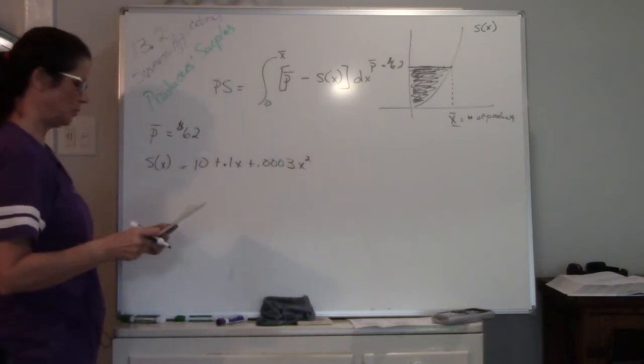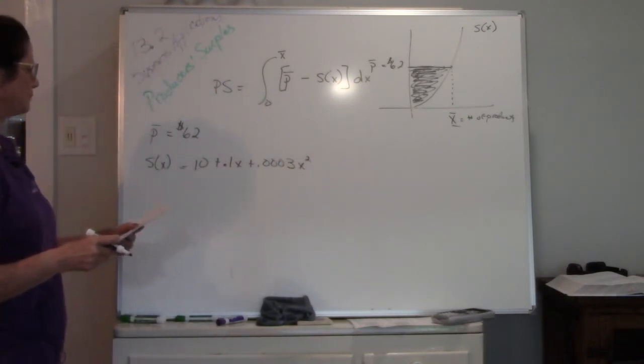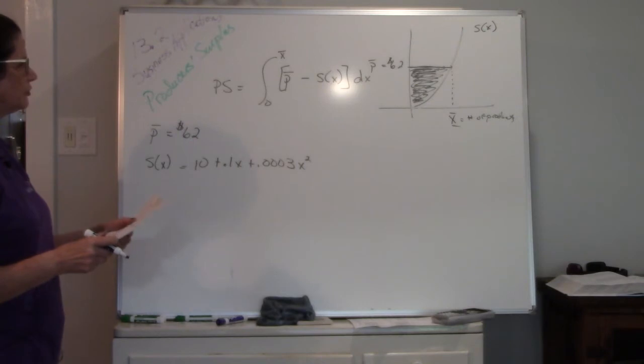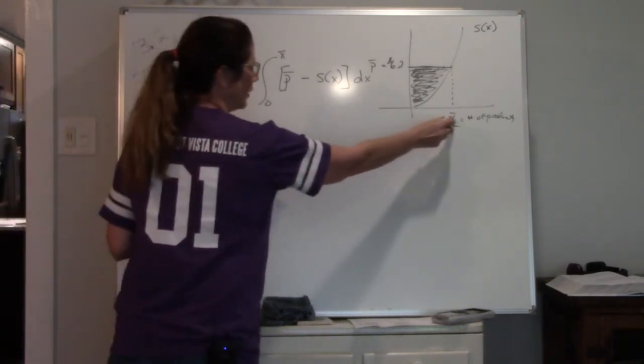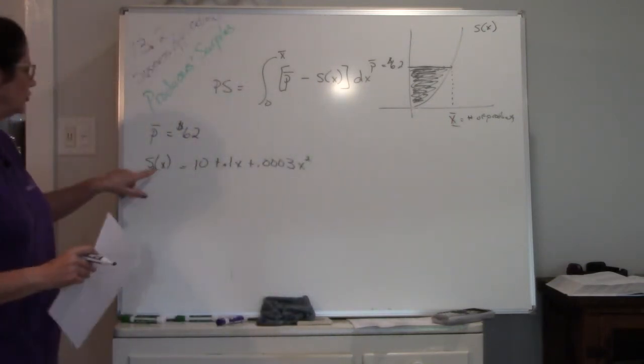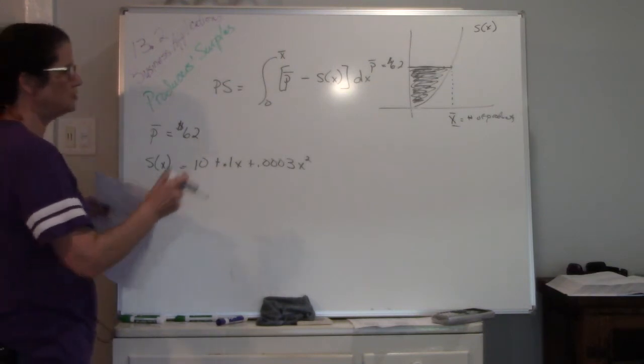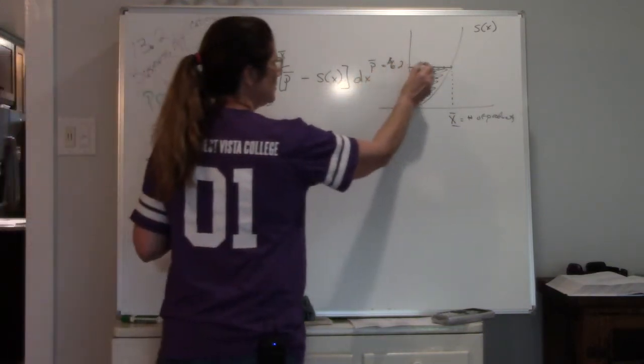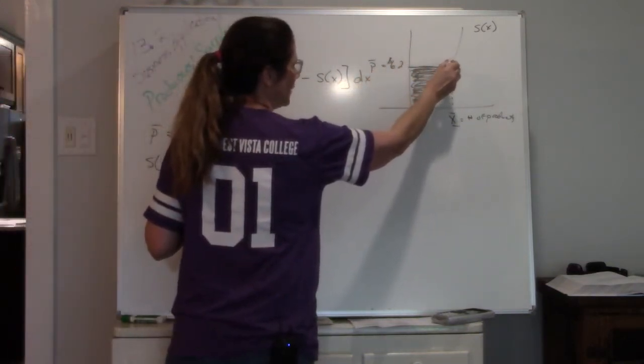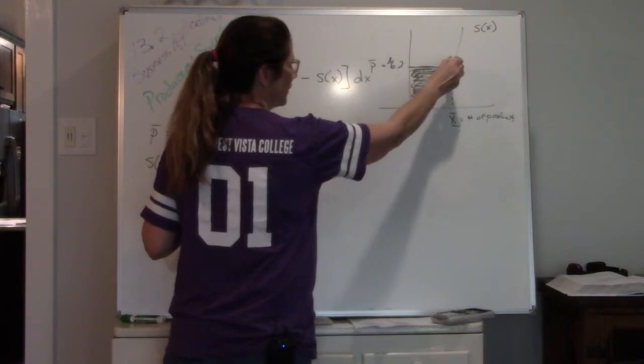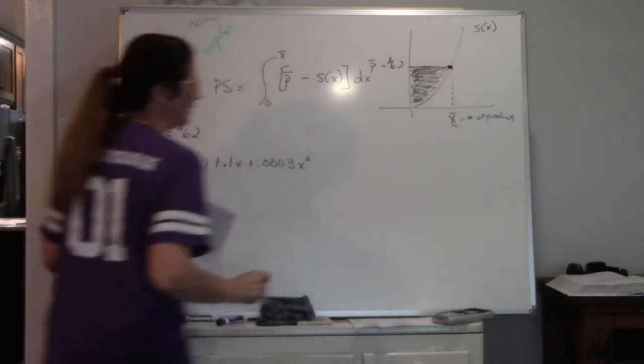That's our surplus equation. In order to find our X bar, the number of products, we know that the supply is 62. Notice this 62 comes over to our graph. We have the height, the Y value, and we need to find the X value.